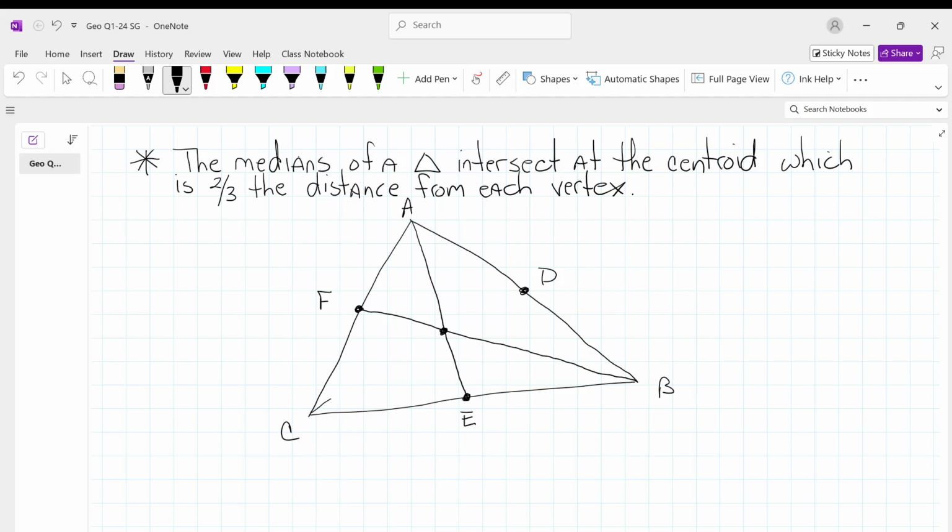So C to D looks kind of like this. I'm going to try to make this red point in the middle. This red point, I'm going to call it X. X is the centroid.